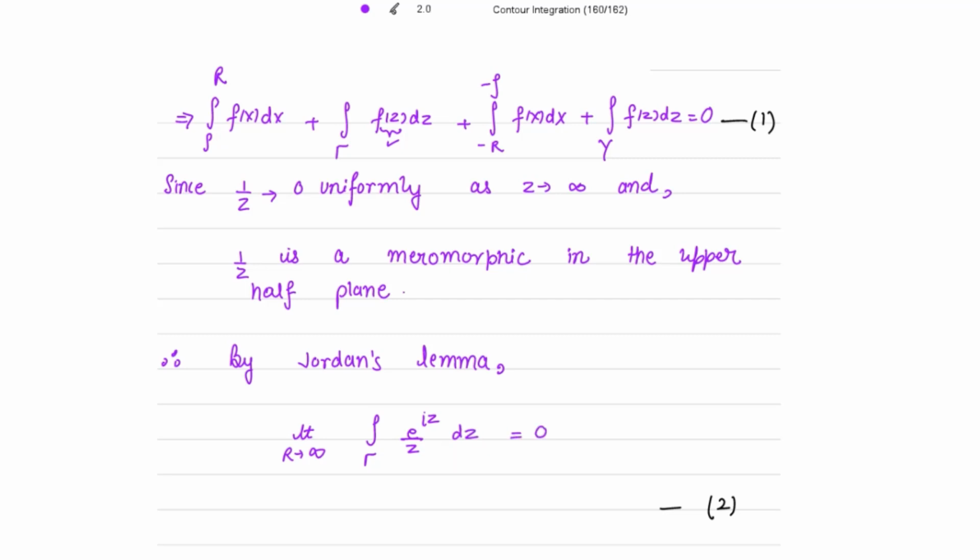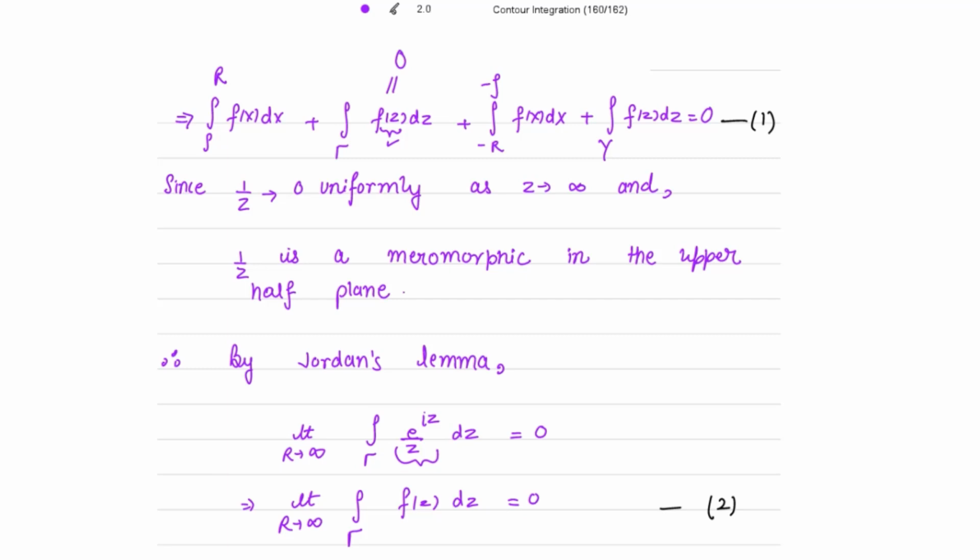This is equal to 0. So this implies the limit r tends to infinity of the integral over tau of f(z) is equal to 0. So put this value over here. So this value is 0.